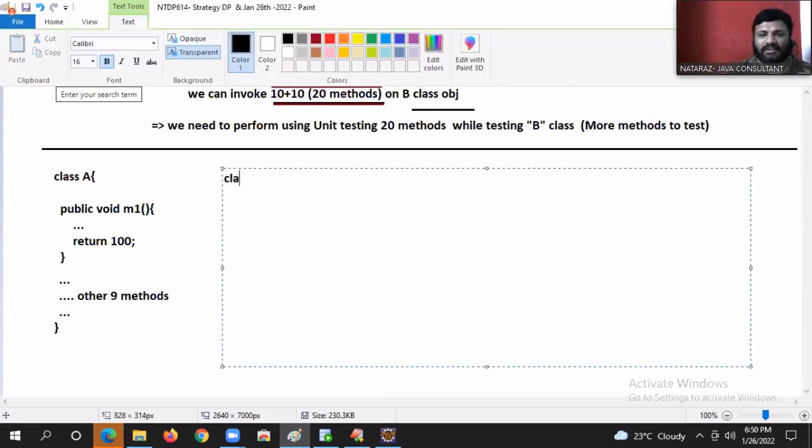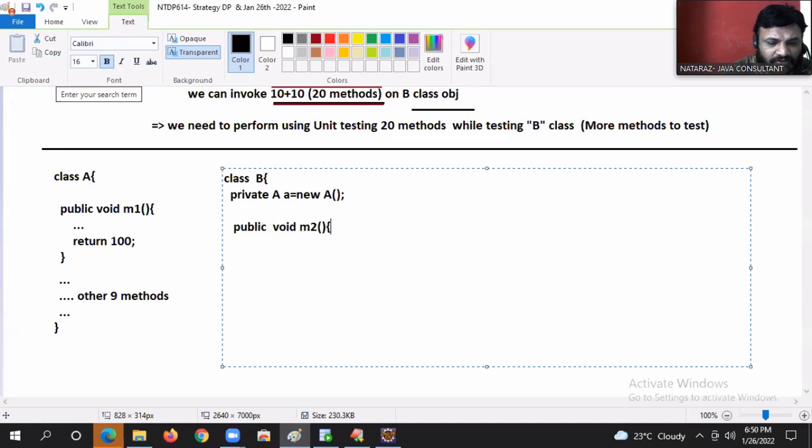Okay, boss. Class B. Private A a is equal to new A(). Tell me here, M2. What is this, guys?